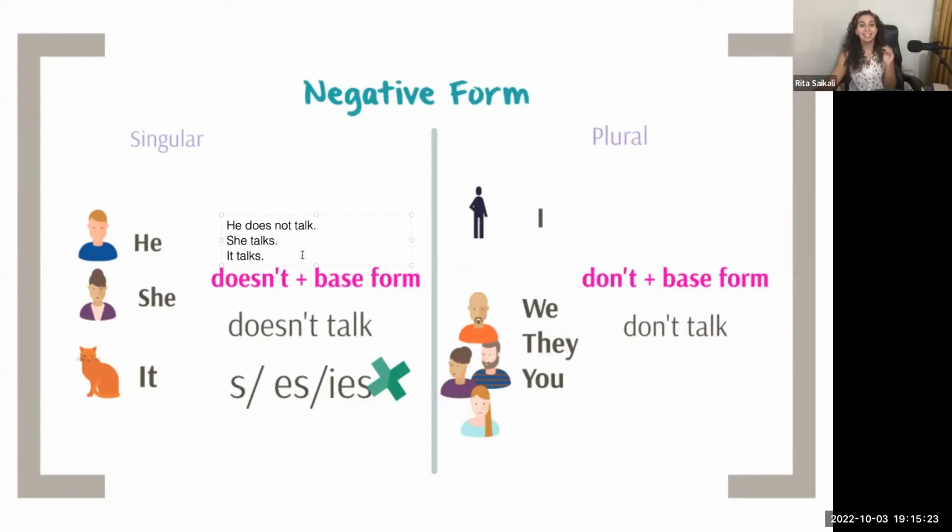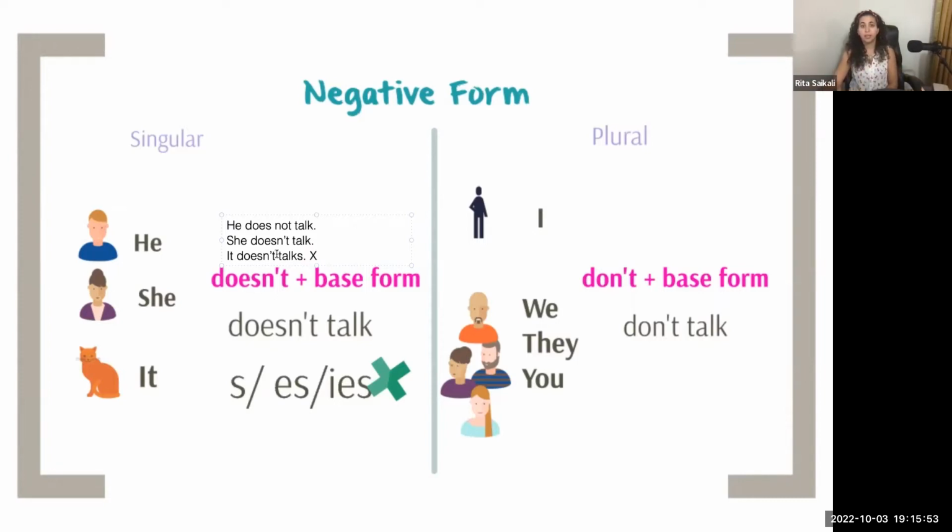So he does not talk or she doesn't talk. Again, we have to take off the s. Does that make sense? So doesn't talks is not correct.